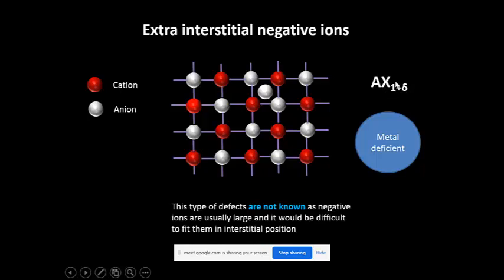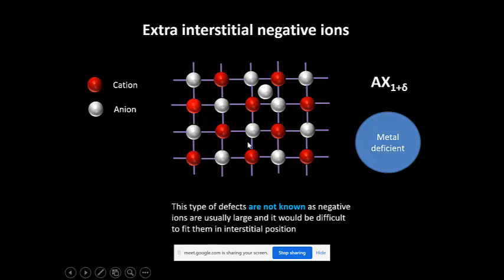Although the formula was AX, some amount of X is more, so an extra negative interstitial. In this lattice, the electrical neutrality can be maintained by another positive charge, so for A plus, it should be A plus 2. An extra positive charge is introduced somewhere in the lattice to take care of the extra negative charge.